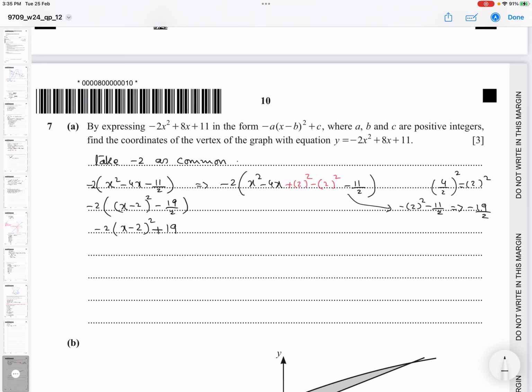So this is the squared form which the examiner wanted from you. So the coordinates of the vertex are 2 and 19. 2 from x minus 2 and 19 is plus 19. This is the y coordinate of the vertex.